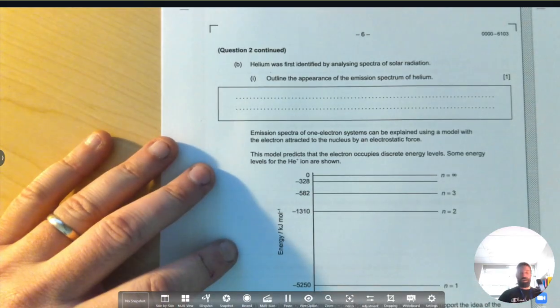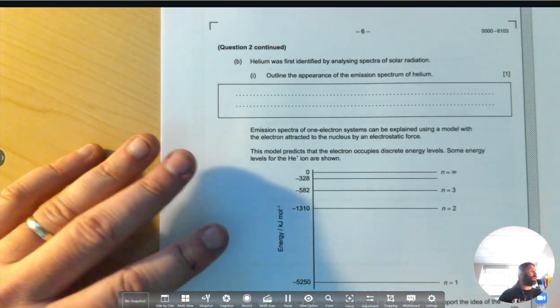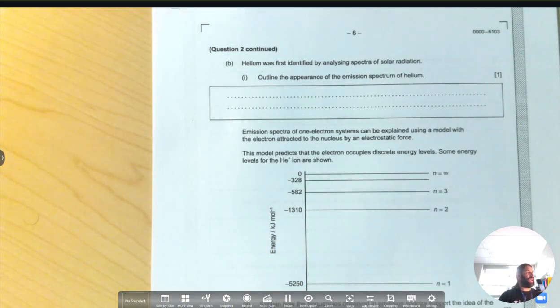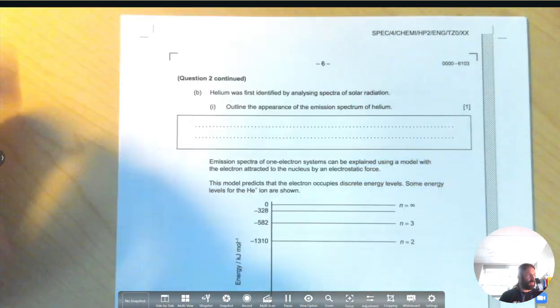All right, so moving on with question 2. It said helium was first identified by analyzing spectra of solar radiation. Outline the appearance of the emission spectrum of helium. All right, so all emission spectra look pretty much the same.